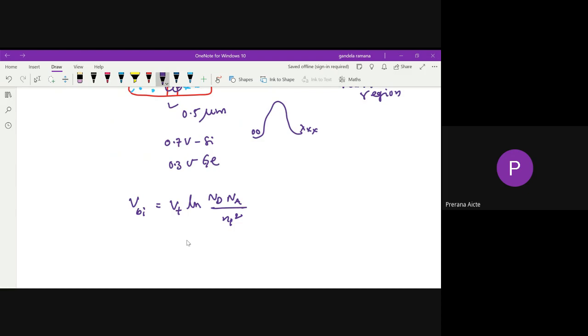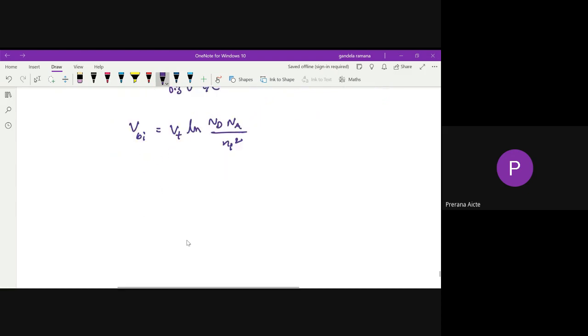This depends on temperature. So the barrier potential depends on temperature. When temperature increases, barrier potential decreases, approximately 2.5 millivolts per degree centigrade.